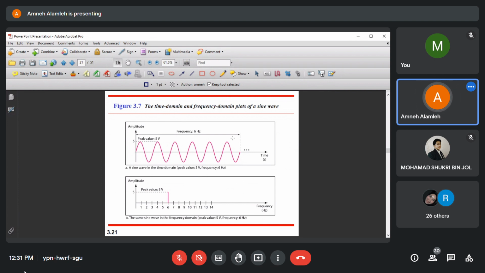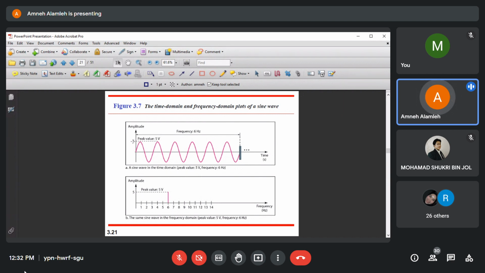If the frequency is 6 hertz, then this is 1 second: 1, 2, 3, 4, 5, 6. Yes, 6 hertz means this is 1 second.